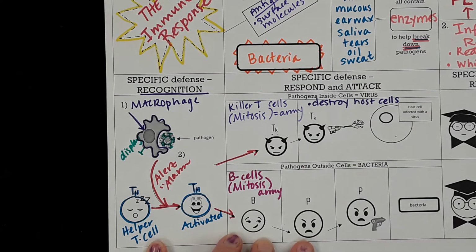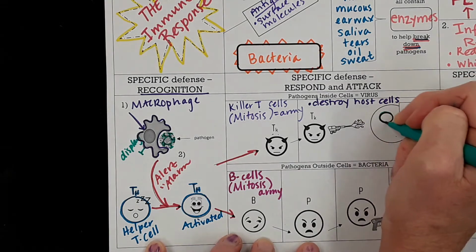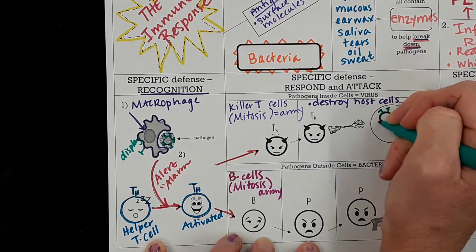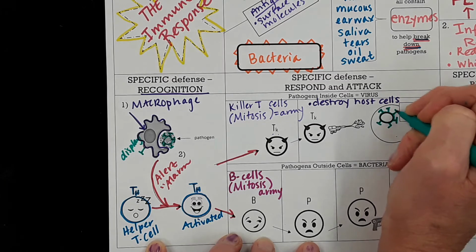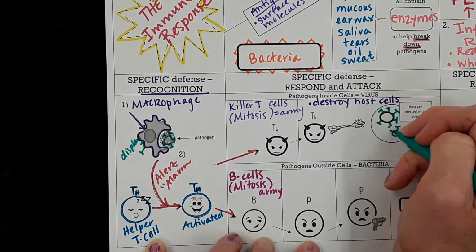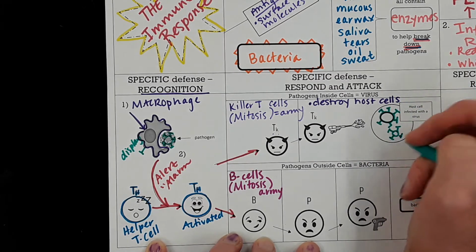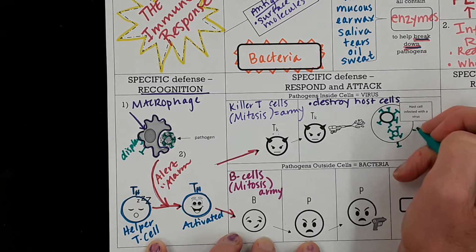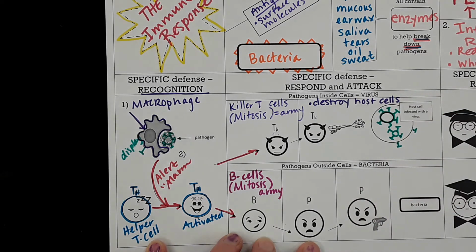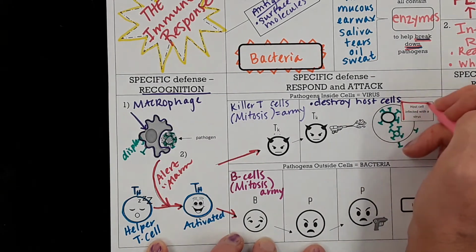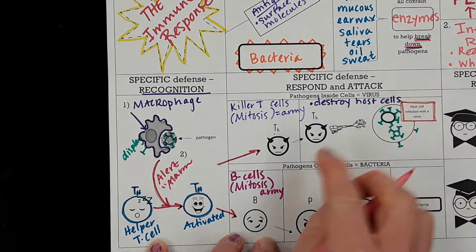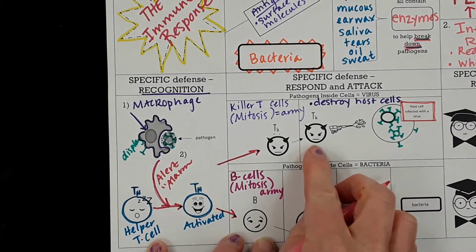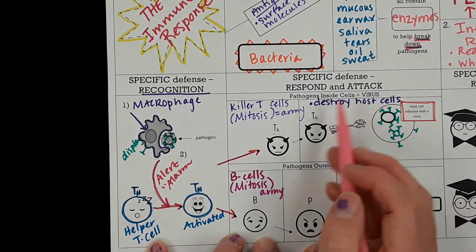Inside of the host cell, it's making and manufacturing these little virus particles, and maybe it's getting ready to release them. It'll actually send out a distress signal, like, help, we're under attack. And with the host cell that is infected with the virus sending its distress signal, the killer T cells can identify it.